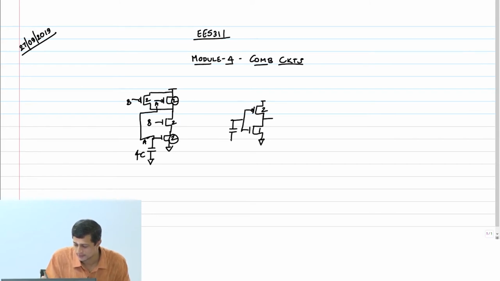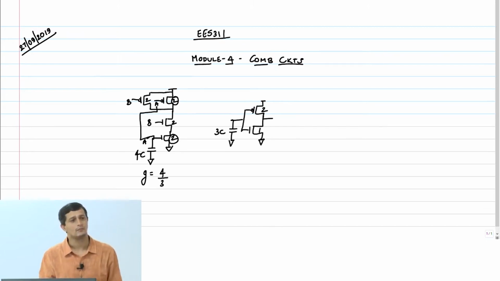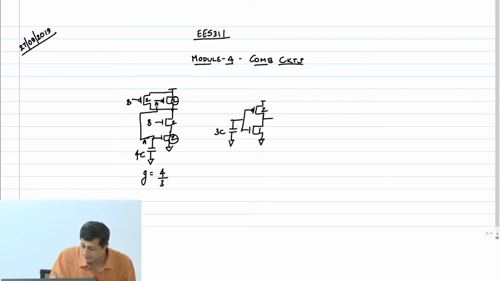So this capacitance will be 3C. So the logical effort will be how much? 4 by 3.